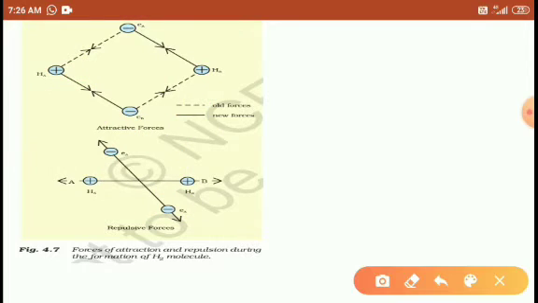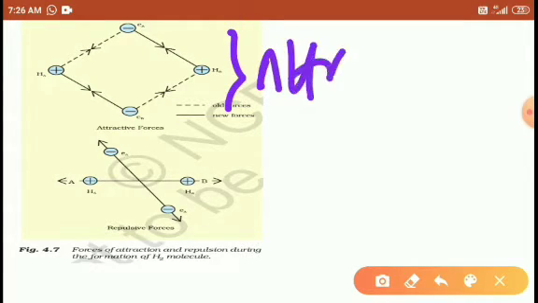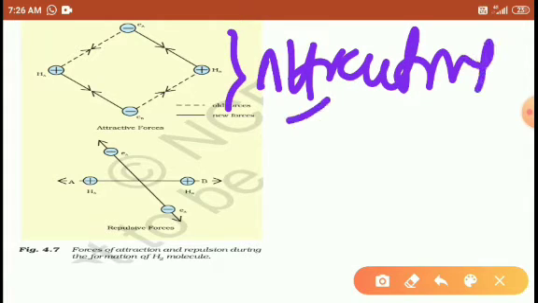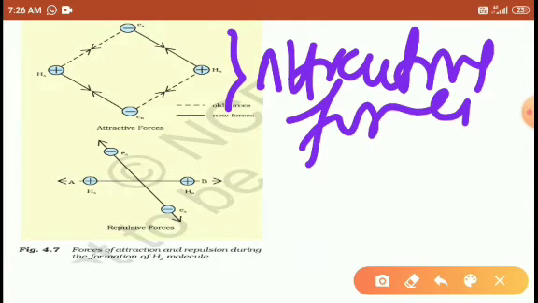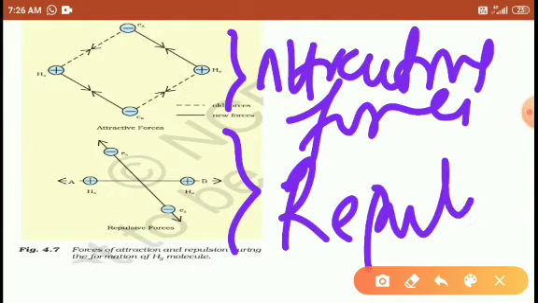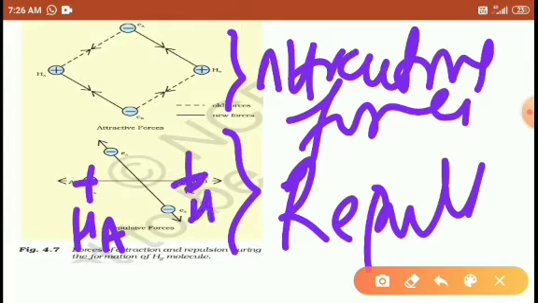So that's why the electrons are getting more stable, more satisfying the nuclear attraction here, and this we call the attractive force. And this we call a repulsive force. Why is it called repulsive force? The proton of Ha and the proton of Hb tend to repel each other, right?